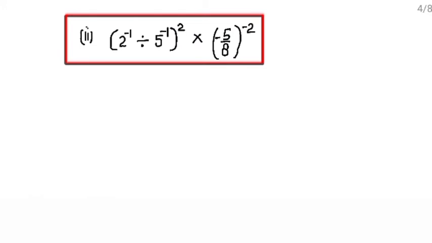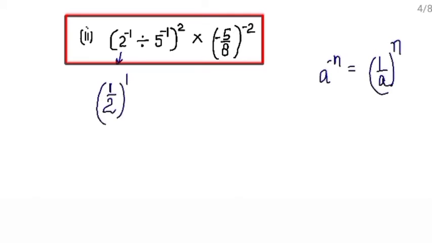Now the next part is 2 raised to the power minus 1. If power is negative, then we can write the power positive after writing the reciprocal of the base. Clear? So we can write it here. Reciprocal of 2 will be 1 upon 2. Now the power is 1. Divided by reciprocal of 5, which is 1 upon 5.